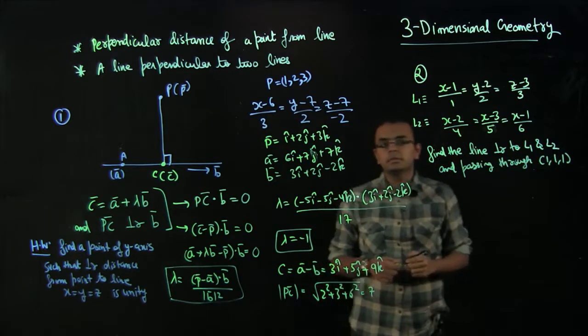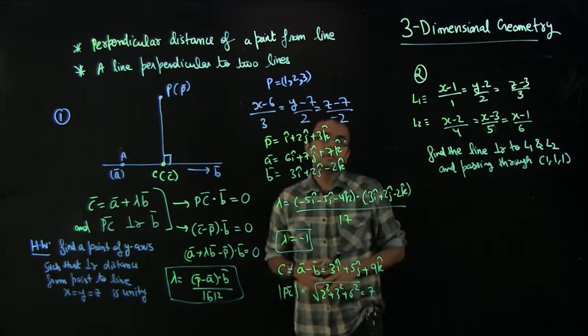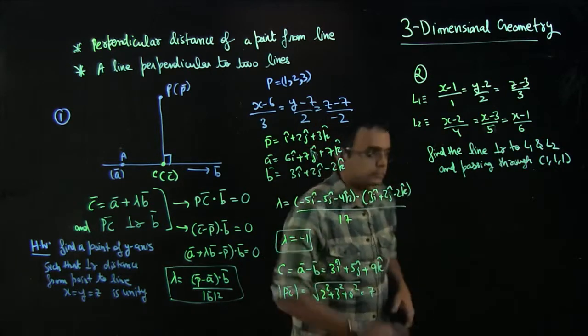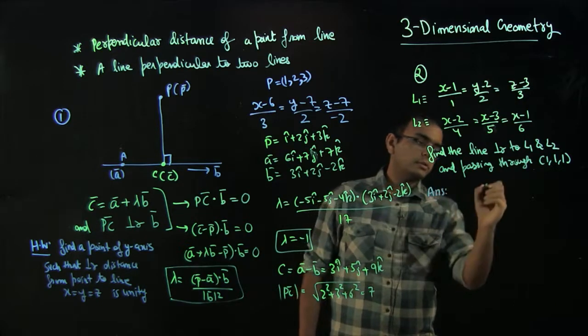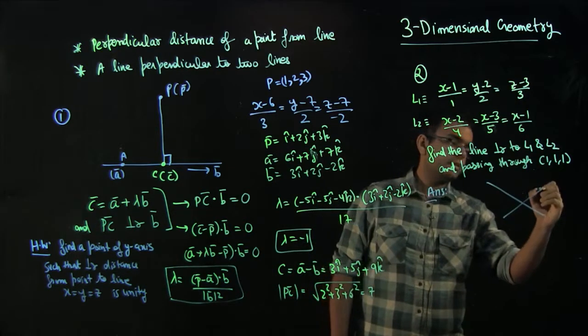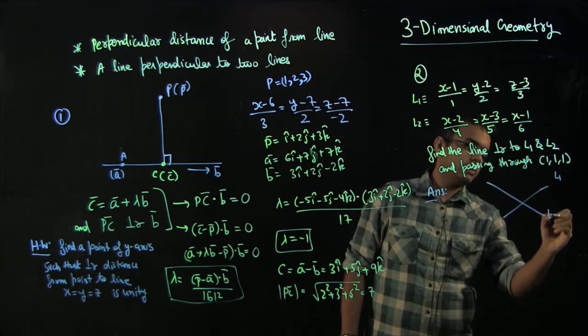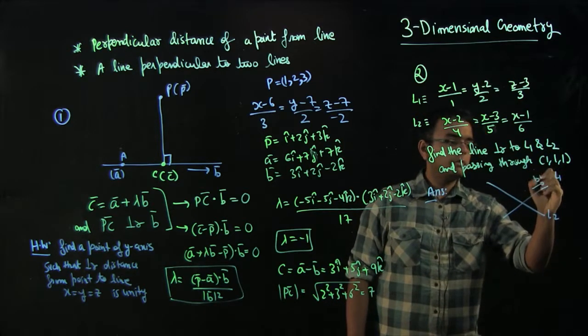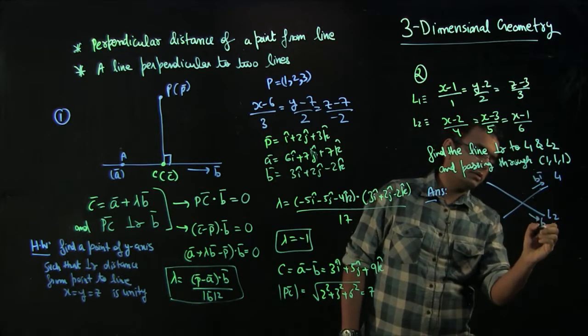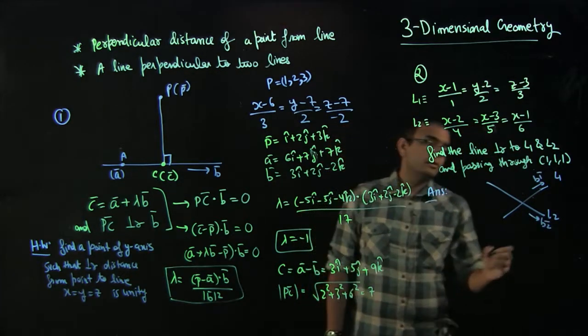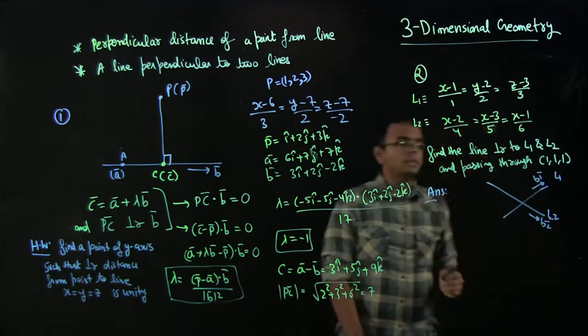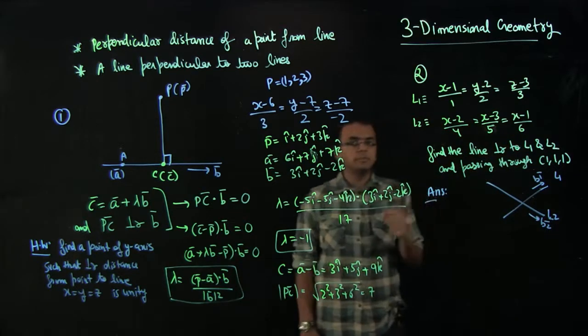This has been asked. How to solve this problem? So, you have been given line L1, let me write the answer here. So, let us say this is L1, this is L2. You have been given the A1 vector, B1 vector and B2 vector, and you have to find line 3, for which you just know one thing, that it is perpendicular to both and it passes through the point.